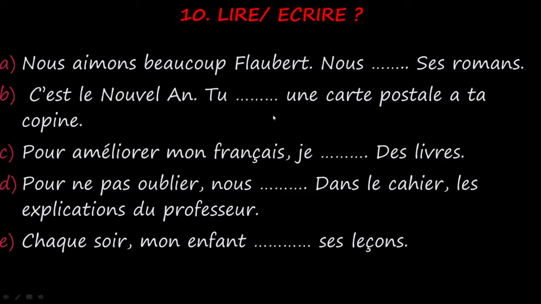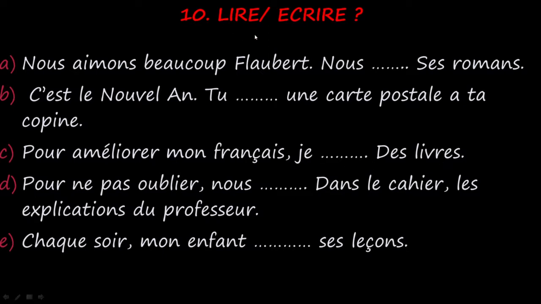Oui. The third one. Pour améliorer mon français. Okay, so pour améliorer means in order to improve my French. Je dash des livres. I read some books. Je lis des livres.